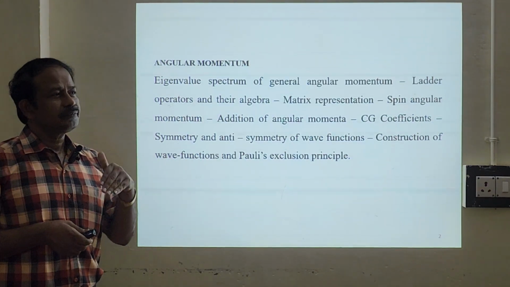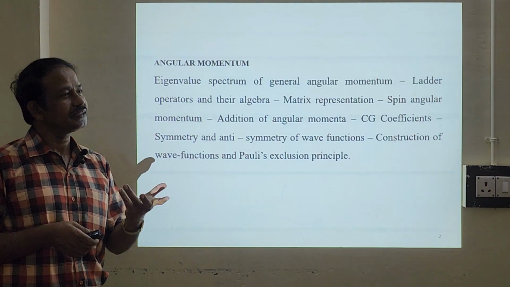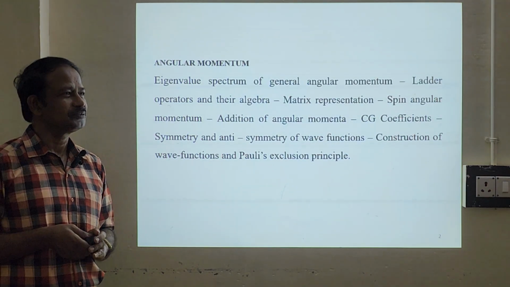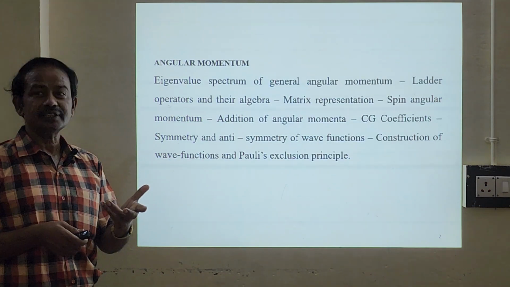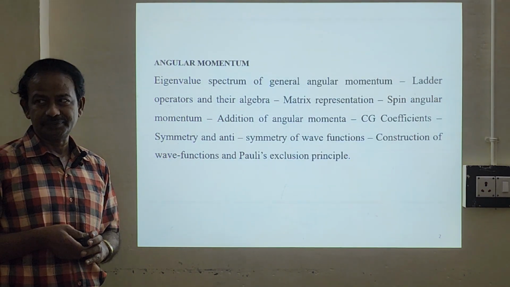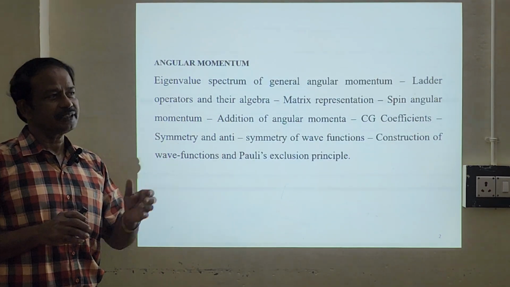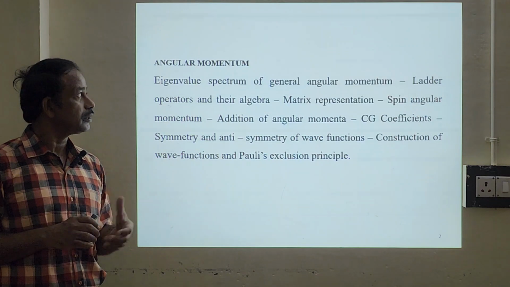We already know about the planets which revolve around the sun. So this goes with the constant of motion because angular momentum is conserved here. Whenever we talk about classical mechanics, immediately we think about the quantum angular momentum.